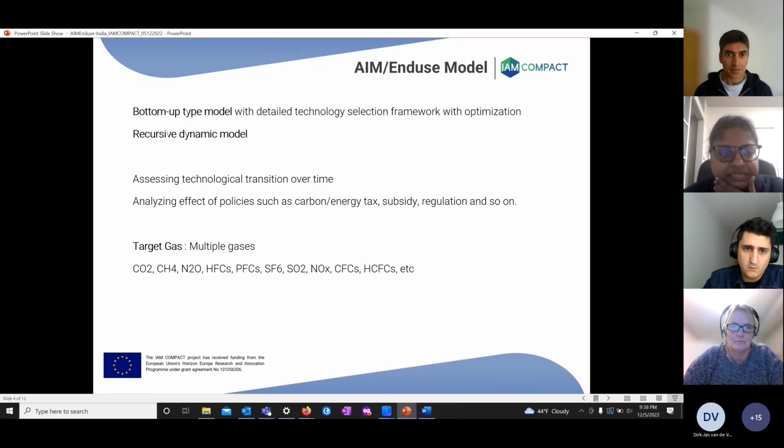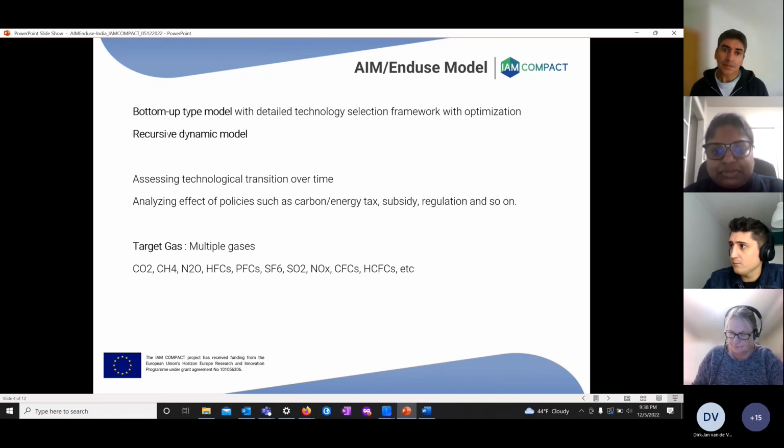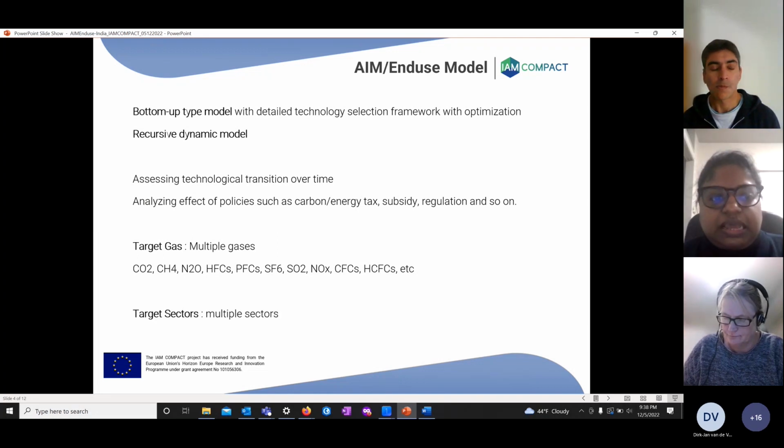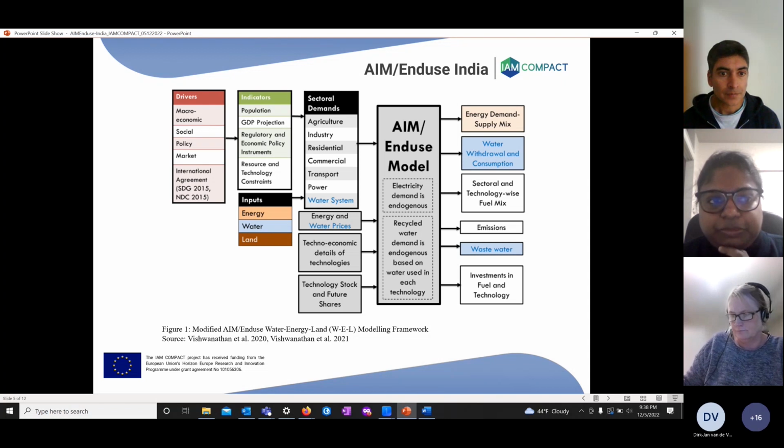It's multi-gases, but for India, we are just looking at CO2, and now we are basically extending to all the non-CO2 gases. So that is in process, and multiple sectors are there. So this is just a figure from one of the papers that we have.